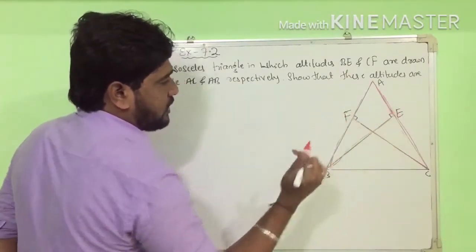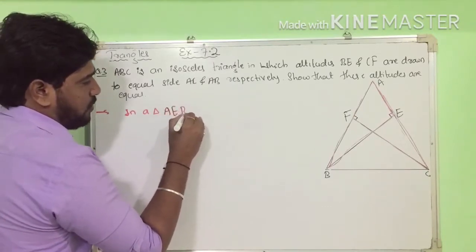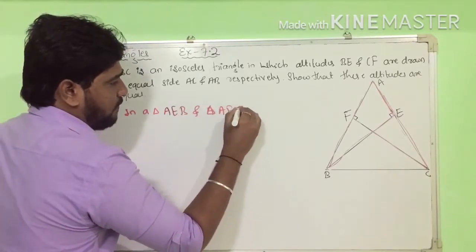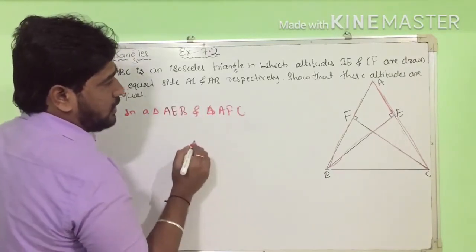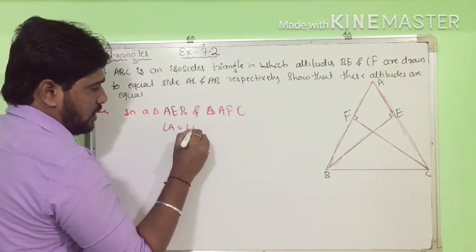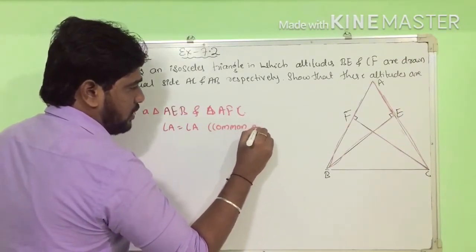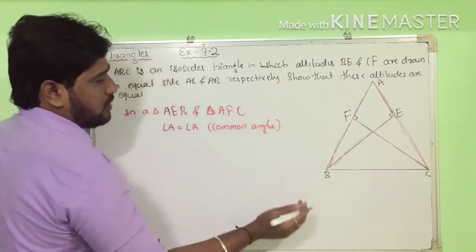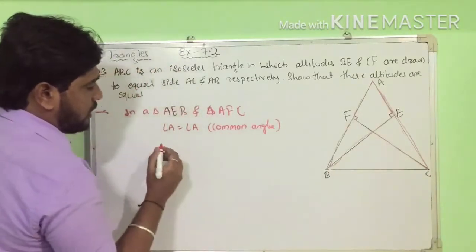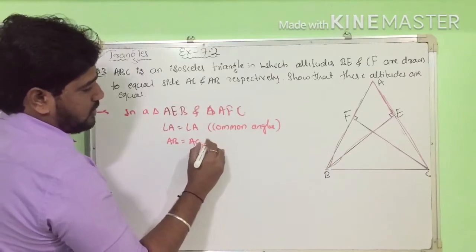So in these two triangles, triangle AEB and triangle AFC, both have a common angle A. So angle A is equal to angle A, common angle, right? And AB is equal to AC, which is given.